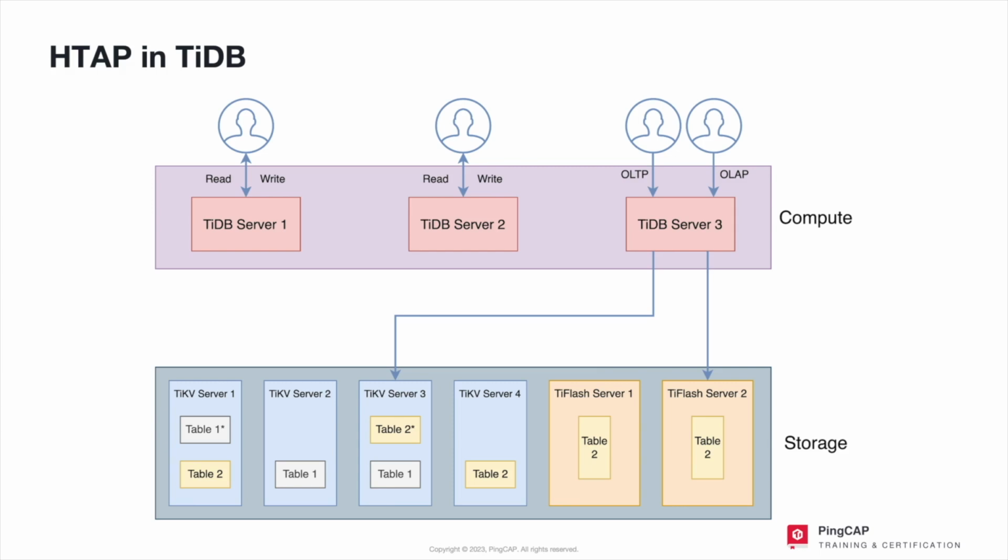Your queries will be able to use both engines without you doing anything. The compute layer, TiDB server, automatically routes operations that require precise indexing to the row-based TiKV and routes operations that require full table scans and basically large scans of data to TiFlash.